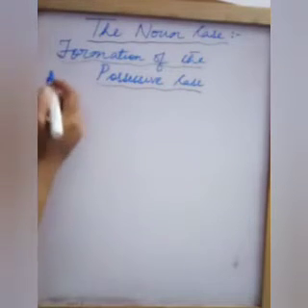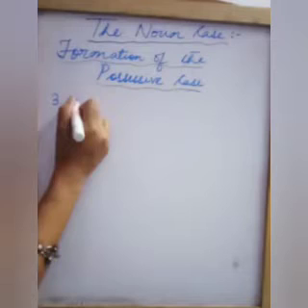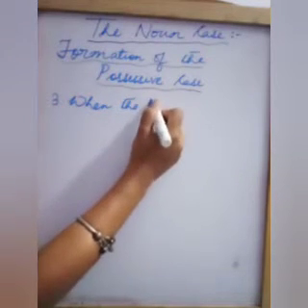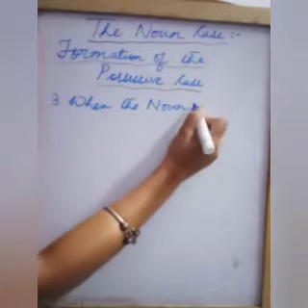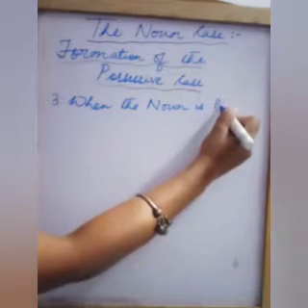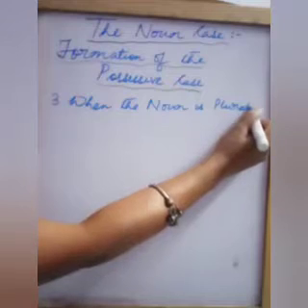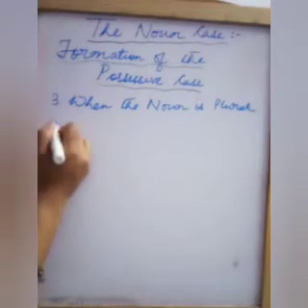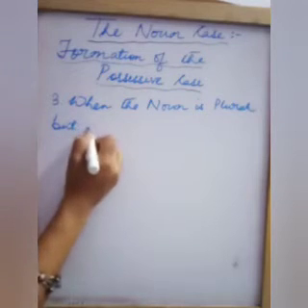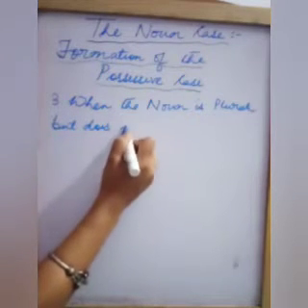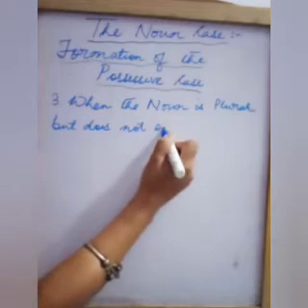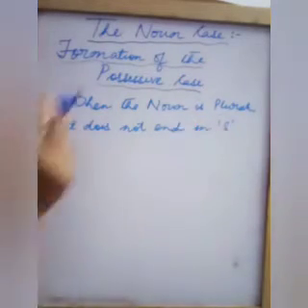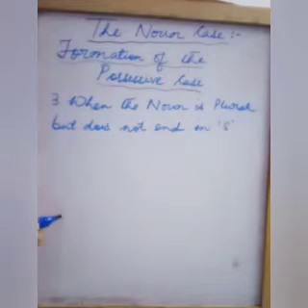Now, third case: when the noun is plural but does not end in s. In such case, how will the possessive be formed?